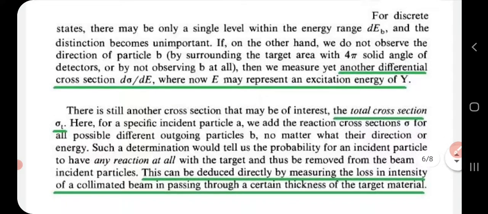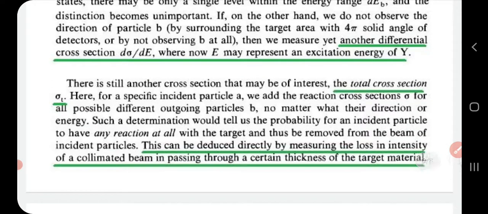Now there is another cross section, that is the total cross section, sigma T. Here, for a specific incident particle, say A, we add the reaction cross sections for all possible different outgoing particles B. We are not bothered about their direction or energy.